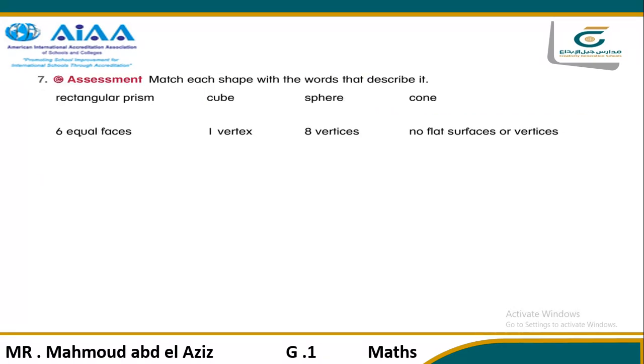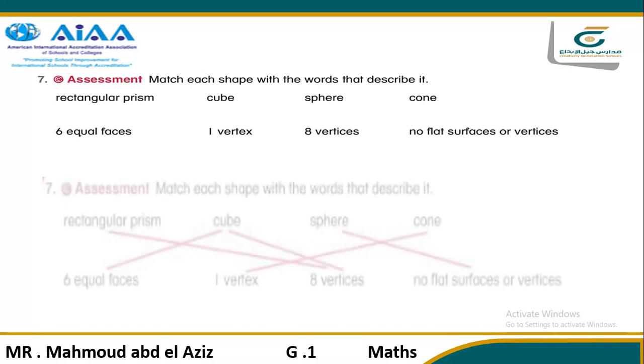With another question here, and the last one. Match each shape with the words that describe it. First one here, rectangular prism. A rectangular prism has 6 equal faces, or 1 vertex, or 8 vertices, or no flat surfaces or vertices. Excellent.